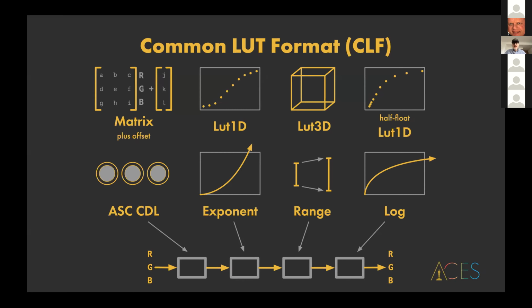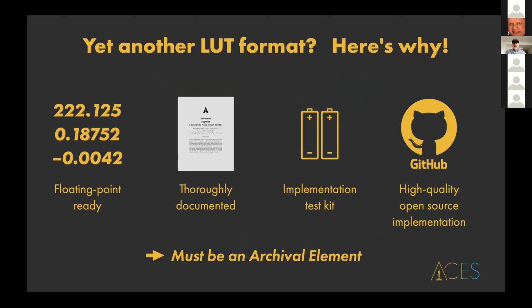Now, you may say, the industry has a bunch of proprietary LUT formats. Do we need another LUT format? The reason that we do is because we're really thinking about what it takes to become an archival element that could go into an archive with ACES masters and be interpretable years later.